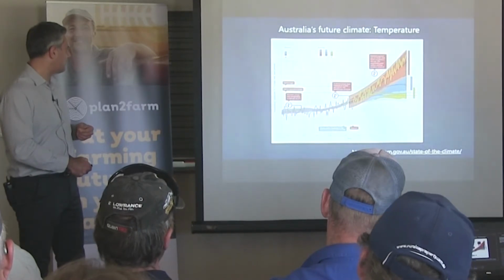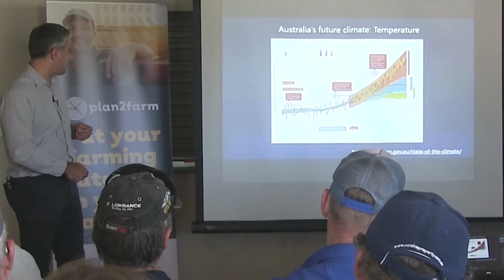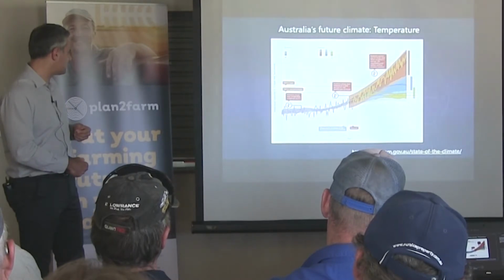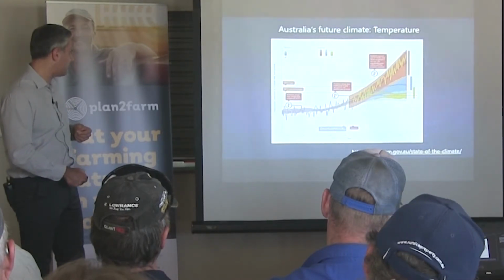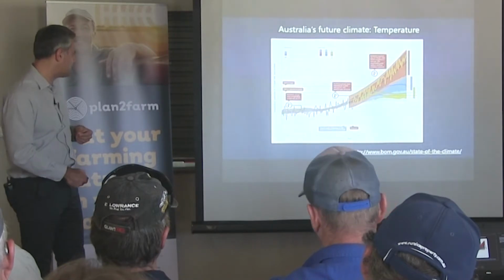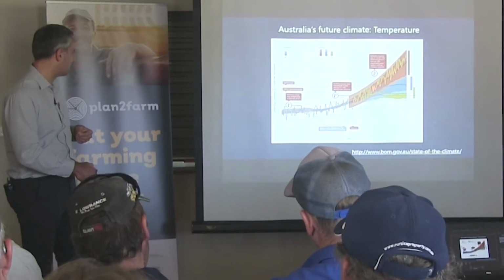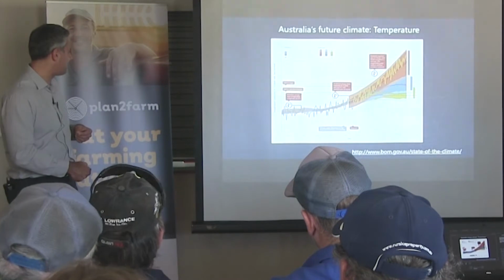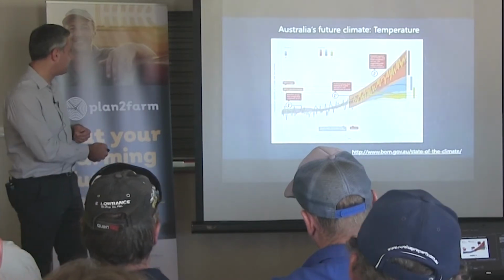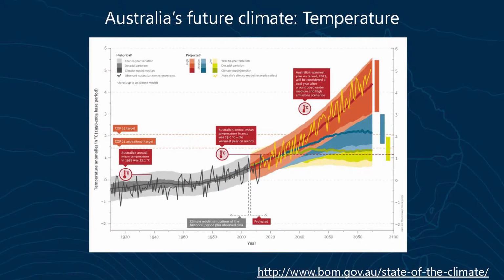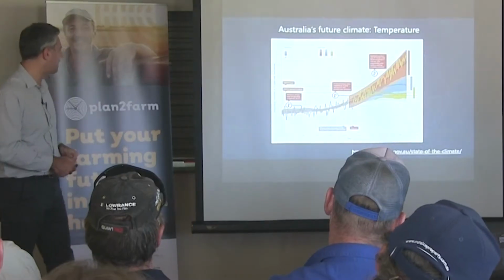So that's probably about a 2 degree increase by 2030 or thereabouts. But these other ones, the blue band in the middle, that's a medium emission scenario. If we really go hardcore and reduce a lot, it's somewhere more near that green colour there.